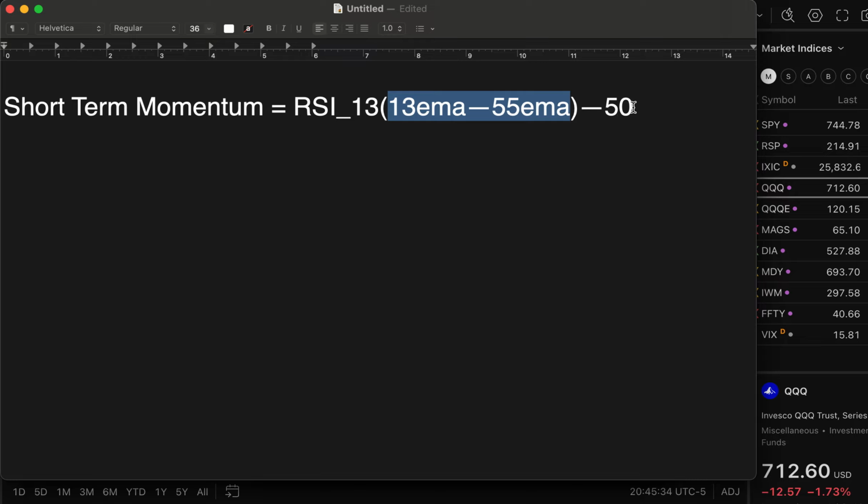Then at the end I subtract 50 so that the value oscillates between negative 50 and positive 50.